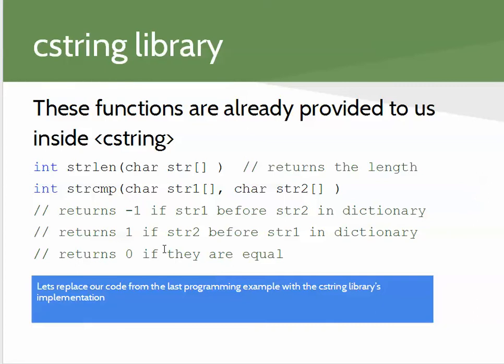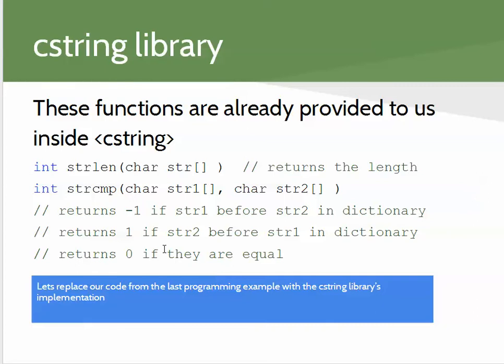And it's a very common style of writing a function. So if string 1 comes before string 2 in the dictionary, meaning string 1 is less than string 2, it'll return a negative number. If string 2 is before string 1 in the dictionary, it'll return a positive number. Otherwise, if they are equal, it returns 0.